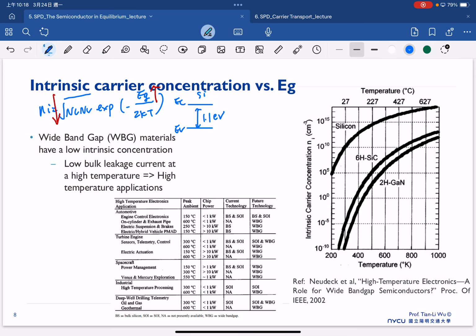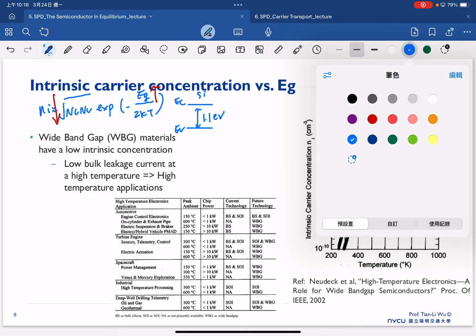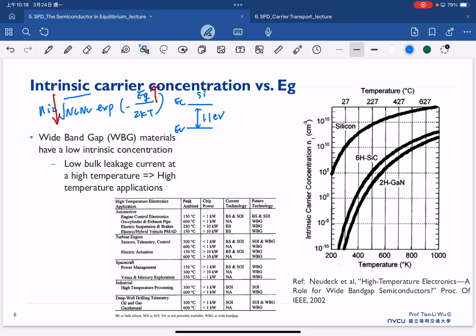So if we can find a material that has a larger band gap than silicon, for example, there's a very famous material that we call silicon carbide, or there's another very famous material that we call gallium nitride.